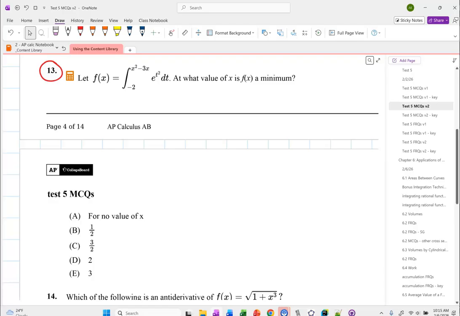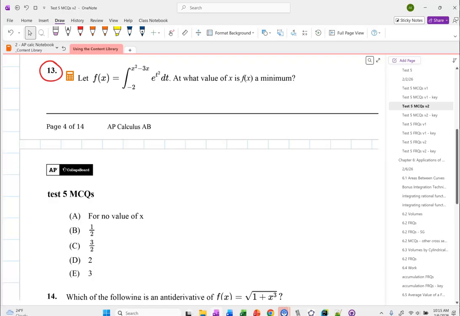We are in set 2, version 2, MCQ, test 5 MCQ version 2. This is a calculator problem, yes. And my suspicion is that you'll have to have the calculator to do it, because I don't think you'll be able to solve the derivative equal to 0 without it. But you might.